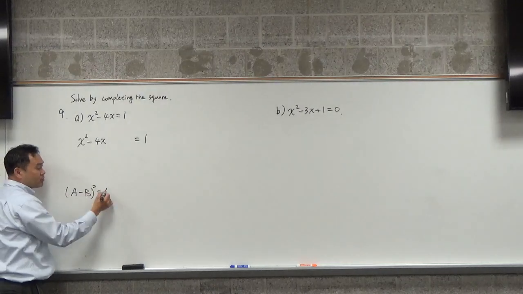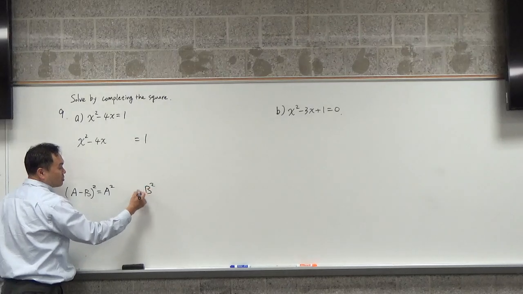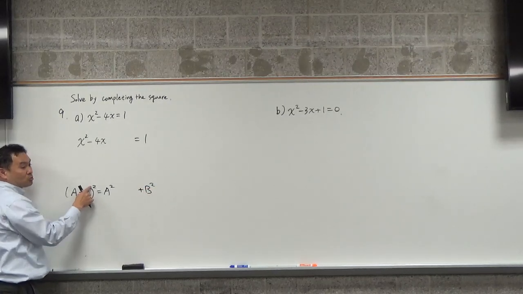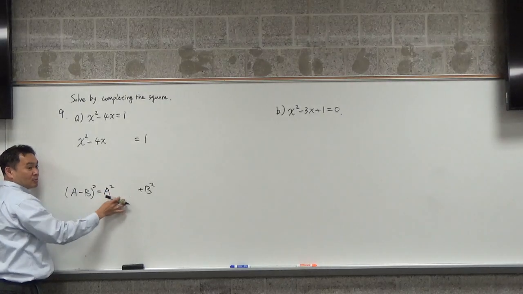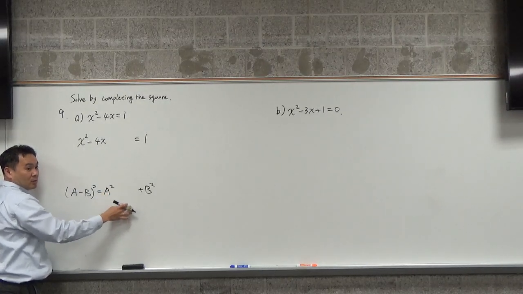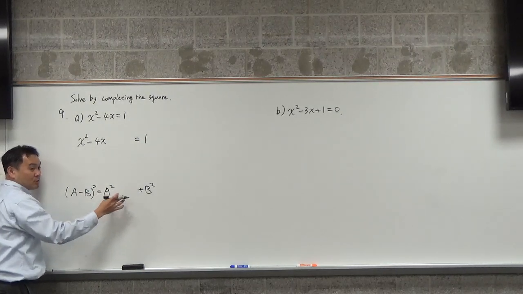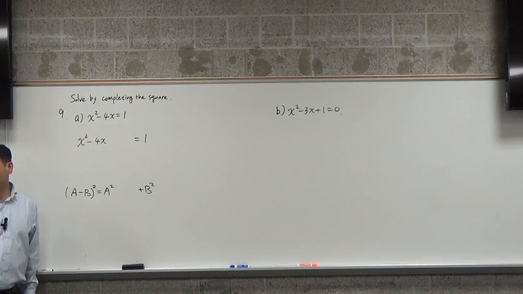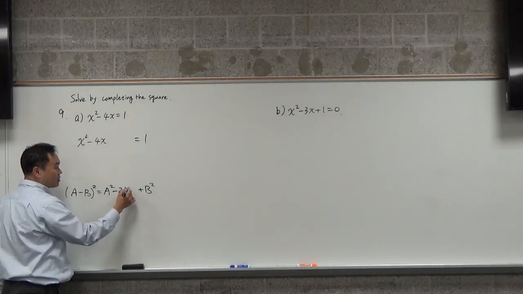You square the first, and negative b squared would be positive b squared, because when you square a negative, it becomes positive. But there's something in the middle. If you do a minus b squared, what do you get in the middle? Not ab, it's negative 2ab. Yes, negative 2ab.